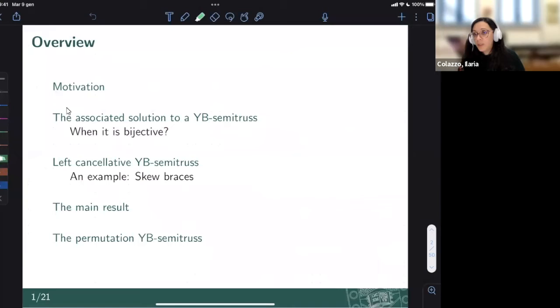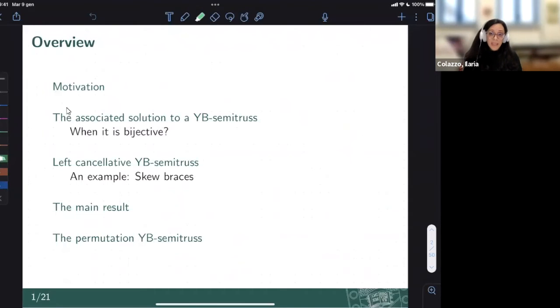I will start with the motivation, and I will recall some things about solutions of the YB equation just to fix the notation, and I will give you again the definition of YB-semitrusses just for completeness's sake, and then I will go into discussing the bijectivity problem.